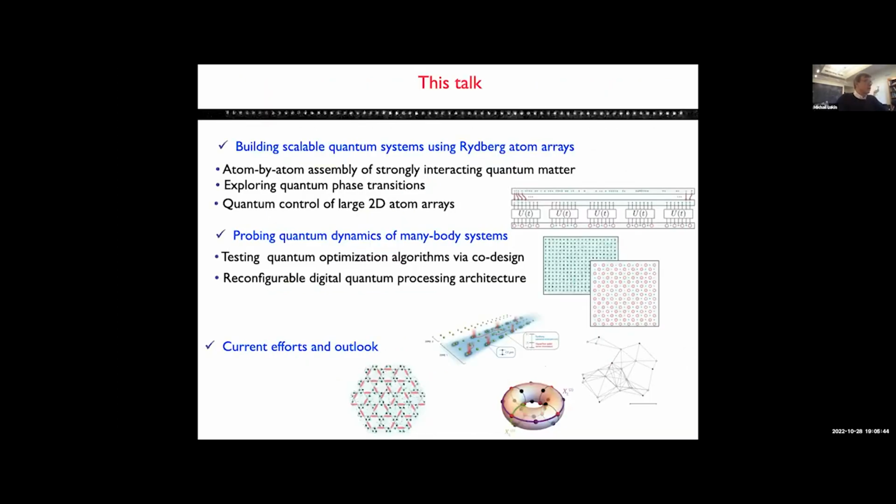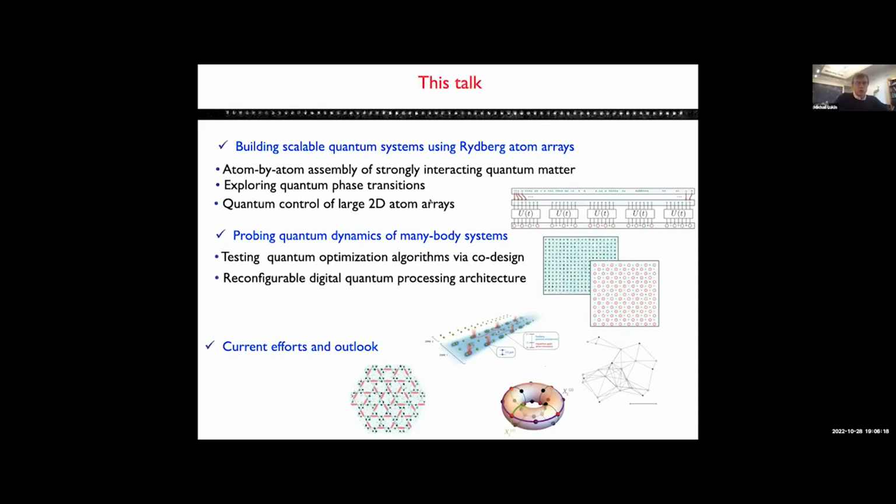So with this high-level introduction, I will focus on one specific approach, and this is building scalable quantum systems using Rydberg atom arrays. Within this approach, I would like to focus on two specific directions, two specific applications. One involves analog dynamics, to test quantum optimization algorithms, and this will be done in a hardware-efficient way using the co-design approach.